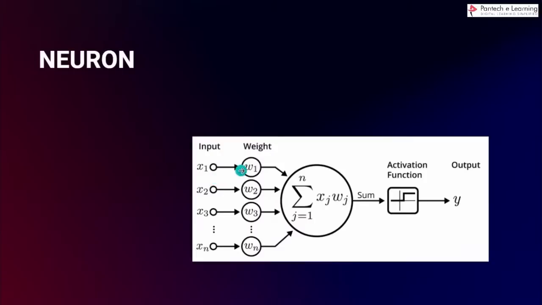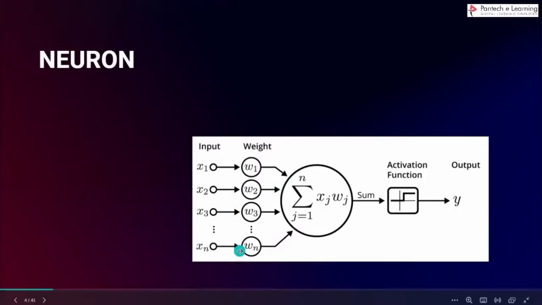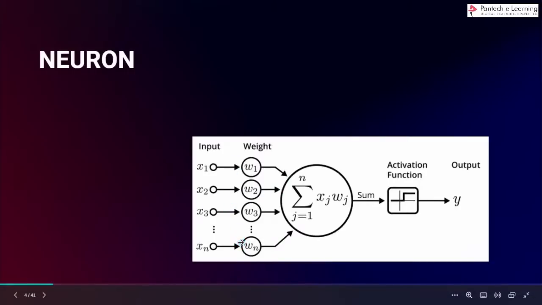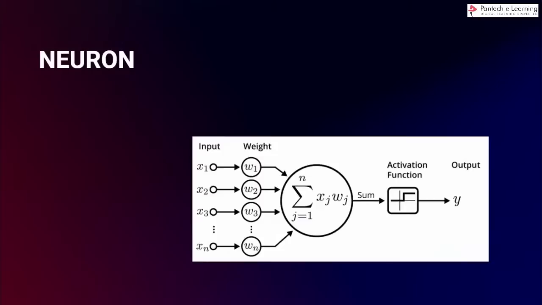For example, if an input is important, I'll give more weightage; if it is not that important, I'll give less weight. We'll be discussing the weights, activation function, etc. deeply in this class. This session will be elaborately about the maths behind it, how the neurons and neural network work together, and all the basic terms.